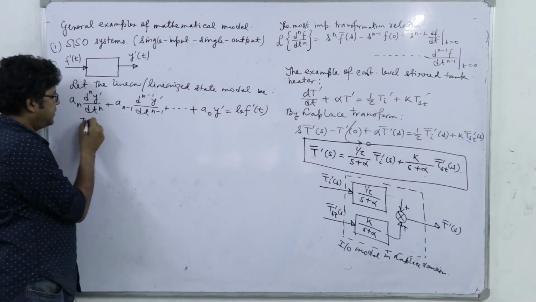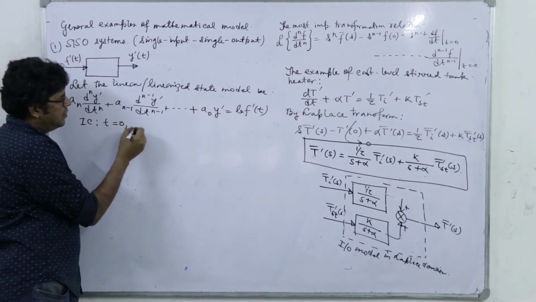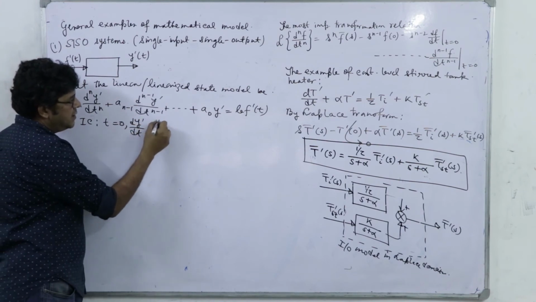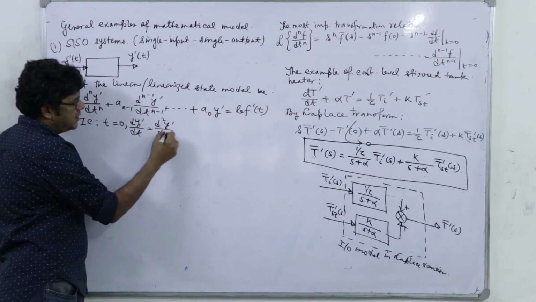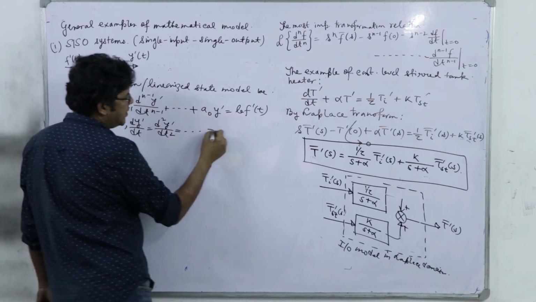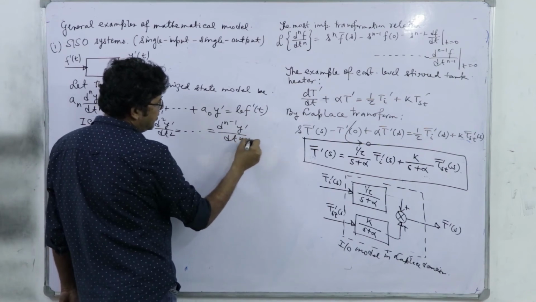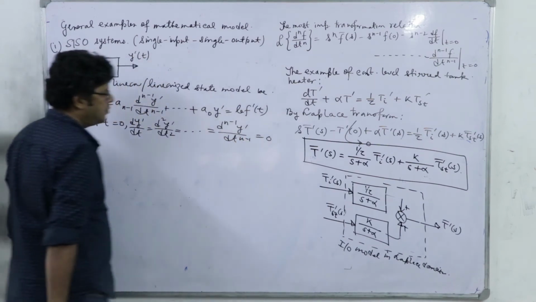The initial conditions at t equal to 0, dy'/dt, d squared y'/dt squared, up to d^(n-1) y'/dt^(n-1), are all 0, right?